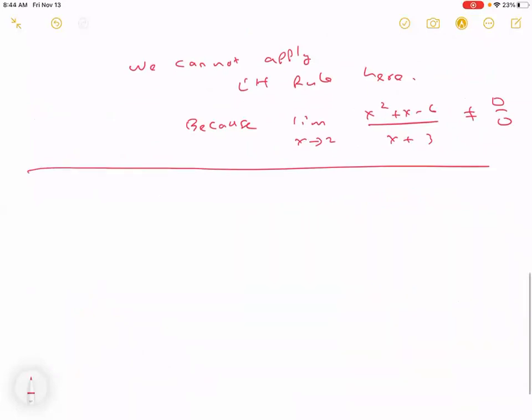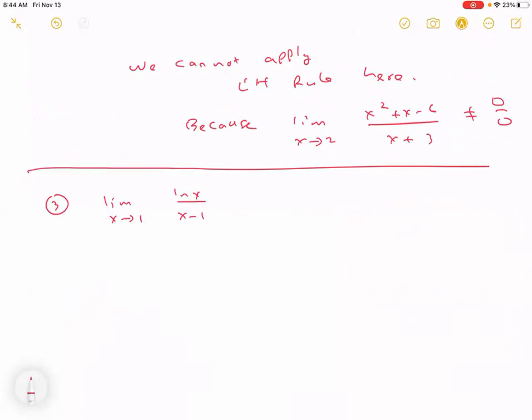So how about the limit as x approaches 1 of natural log of x divided by x minus 1? Do you have any other option here? Yes, we can make a table of values, but that takes time.